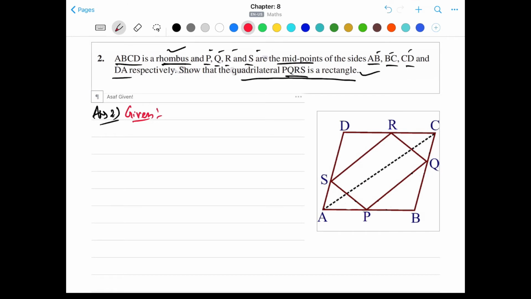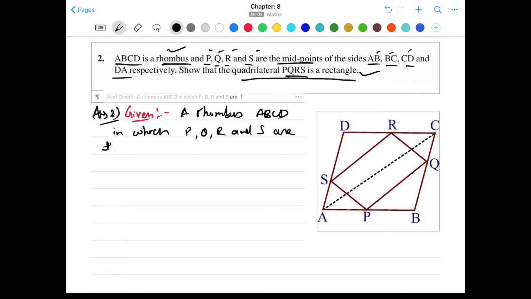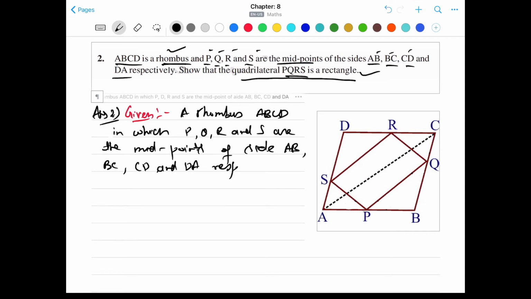Given is a rhombus ABCD in which P, Q, R and S are the midpoints of sides AB, BC, CD and DA respectively.